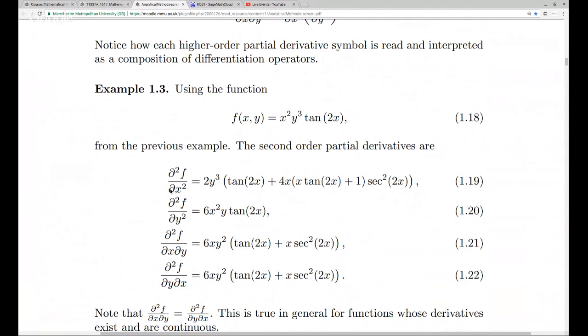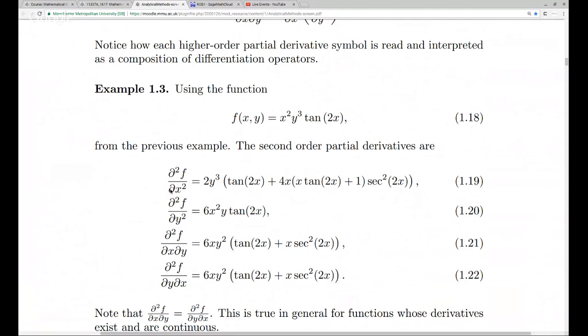The expression for d2f dx squared is long and a bit awkward, but you can get to it by patiently taking the x derivative of this, which we worked out in the last lecture, a few pages back in the notes, and differentiating it again with respect to x. You'll have lots of applications of the product rule, so work through those carefully.